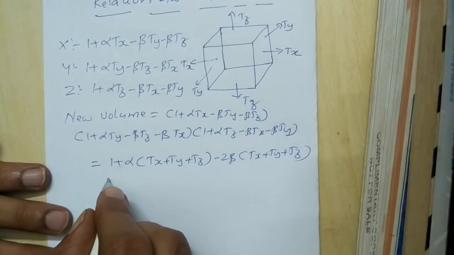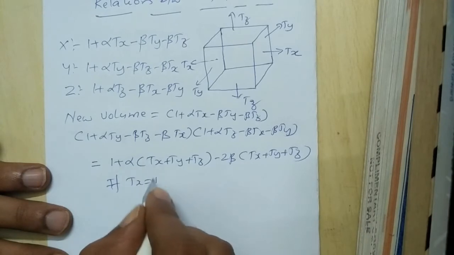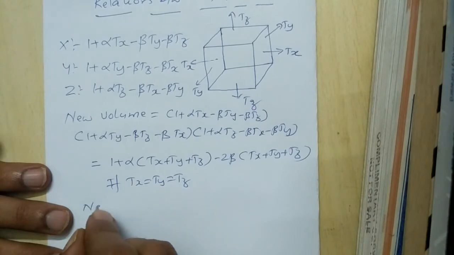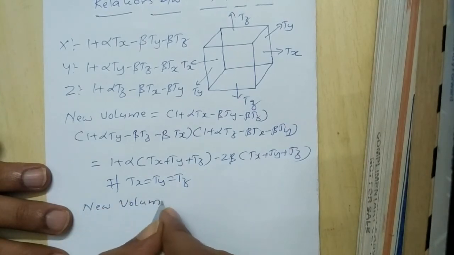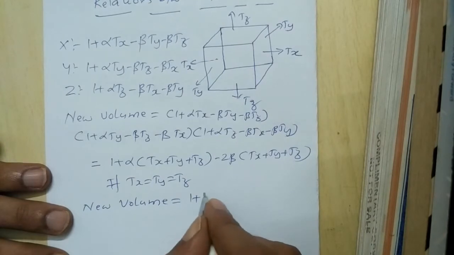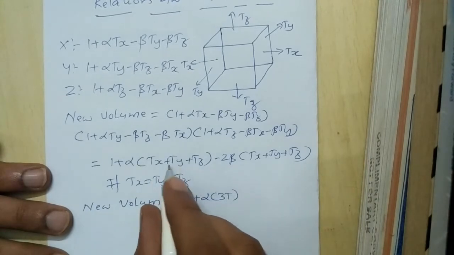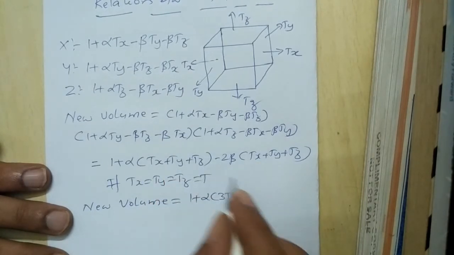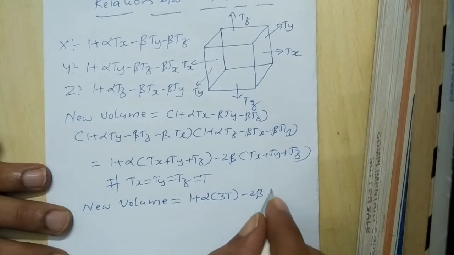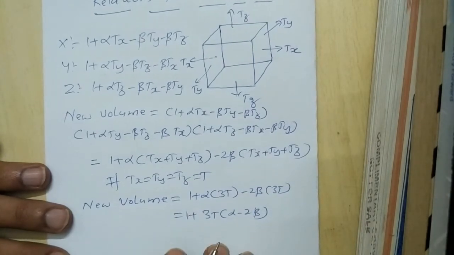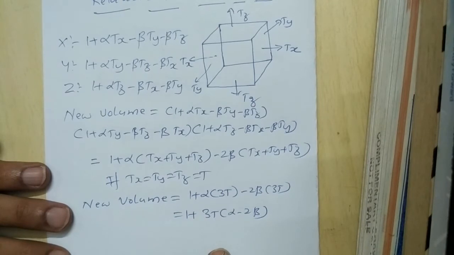Okay, and if we consider that the three stresses Tx, Ty and Tz are the same, equal to T, the new volume of the cube is 1 plus alpha into 3T minus 2 beta into 3T, which is equal to 1 plus 3T into alpha minus 2 beta. So that is the new volume.